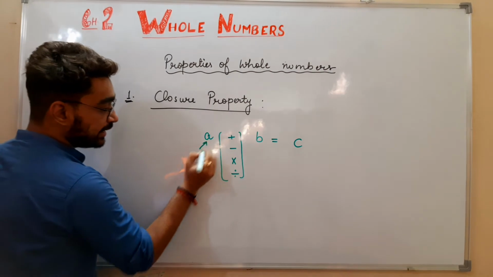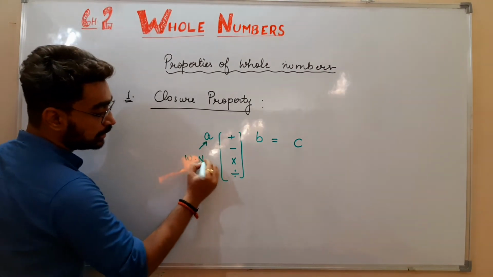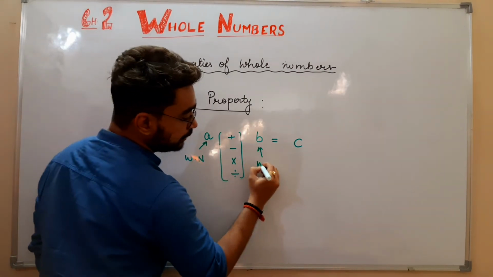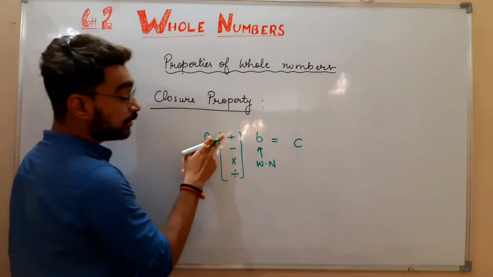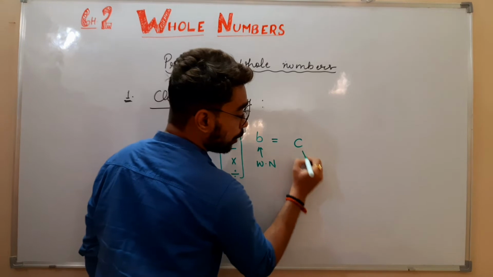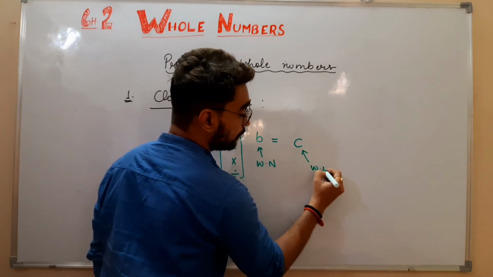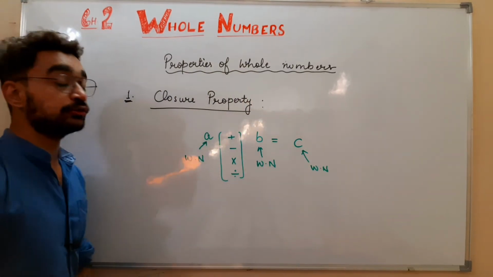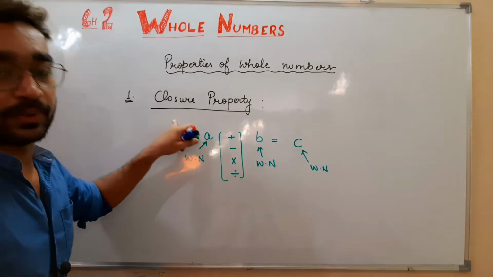If a is a whole number and b is a whole number, after performing the mathematical operation, the answer should also be a whole number. That is what the closure property says.